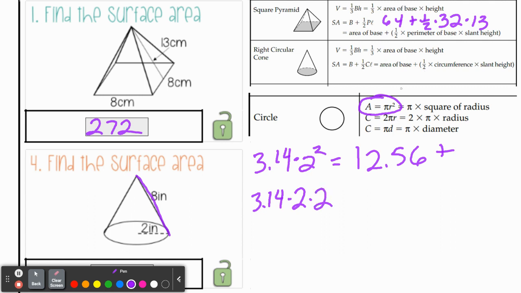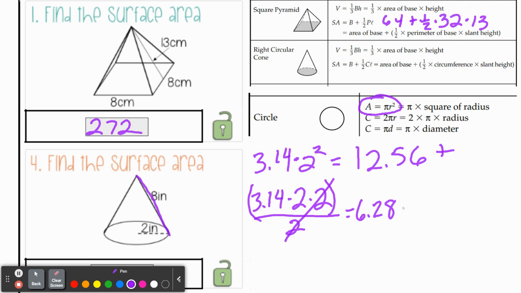But then we're only going to use half of that. So once we have that, we're going to divide it by 2. Well, those 2's cancel. So we just have to double our 3.14. So that is going to be 6.28. So now we have a 6.28.